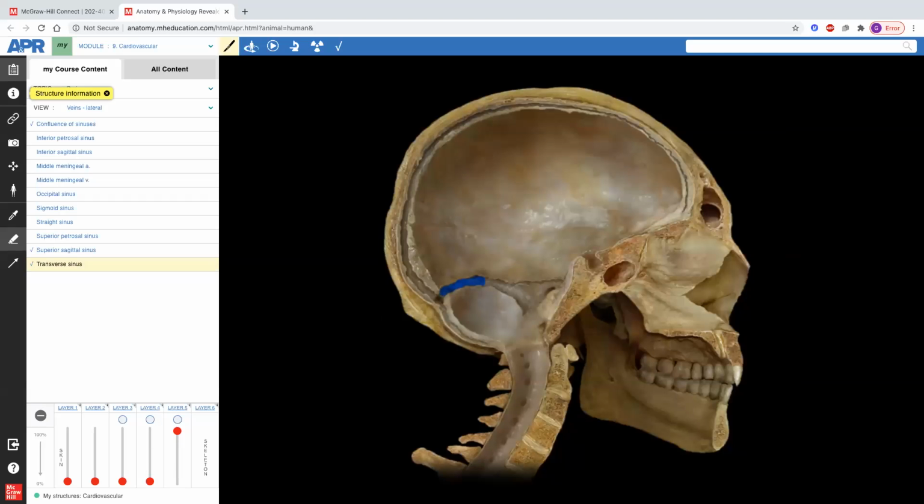Now, besides the actual sinuses, there aren't a lot of veins of the brain that I want you to memorize, right? So I'll use a combination of cadaver pictures. And cadaver pictures are good, but they're not great, especially if I can't manipulate it, especially if I can't turn it, right?